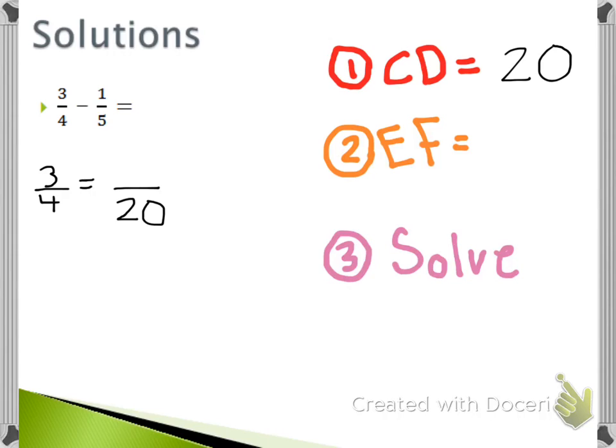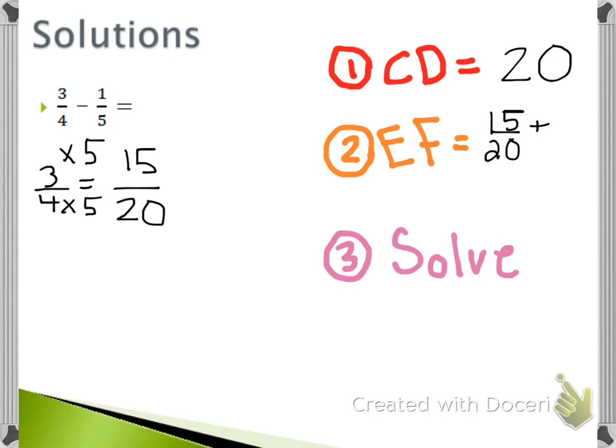Well, I have to multiply the 4 by 5 to get 20. And if I multiply the 4 by 5, I need to multiply the 3 in the numerator by 5 as well. And 3 times 5 is going to give me 15. And my first equivalent fraction is 15 over 20, or 15/20.